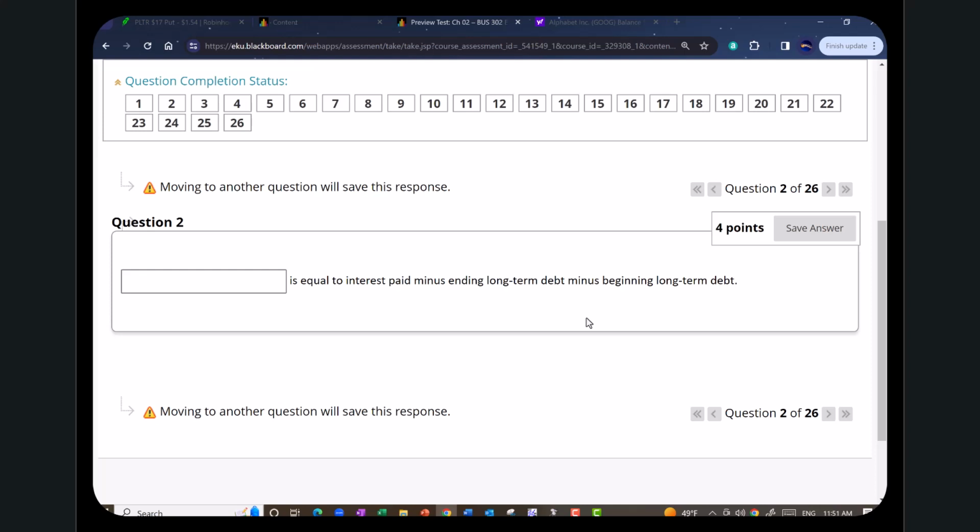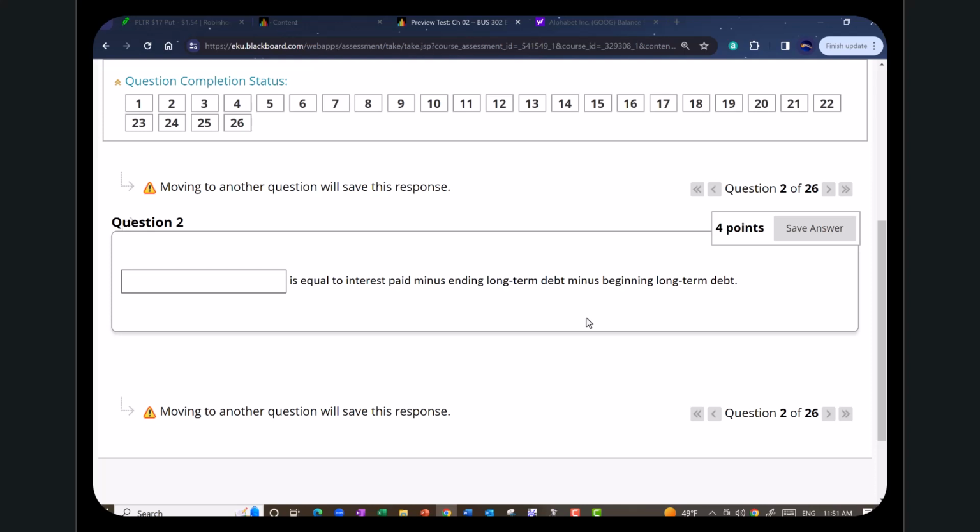So what do you think this is? So something is equal to interest paid minus ending debt minus beginning debt. Technically that should be plus, but. So what do you think that is? What's that second part?